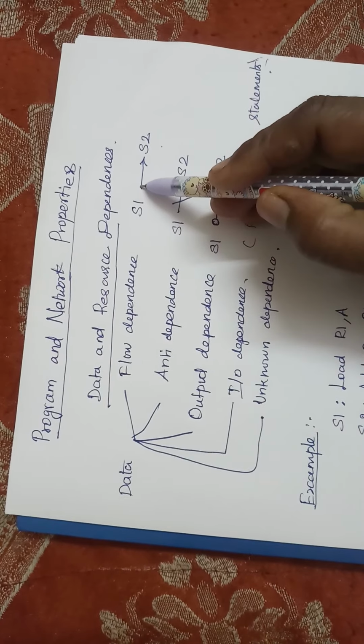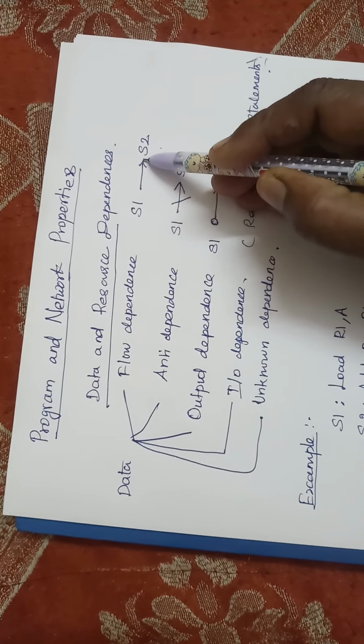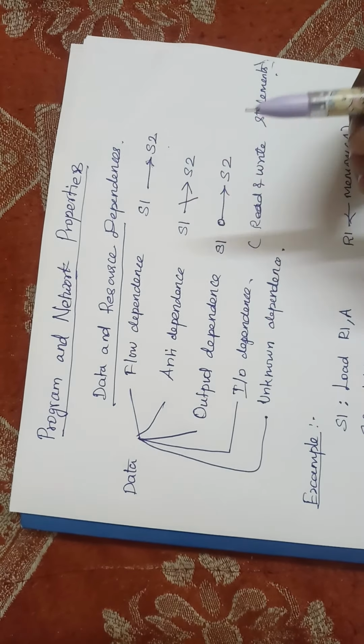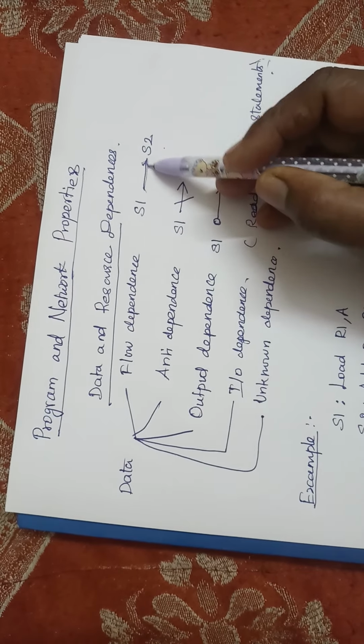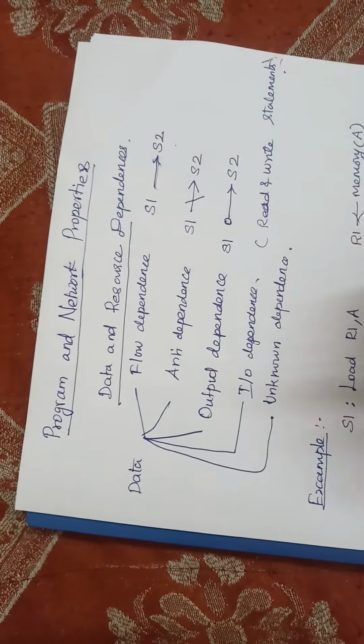It is represented by one directed arrow line. So this is called flow dependence.